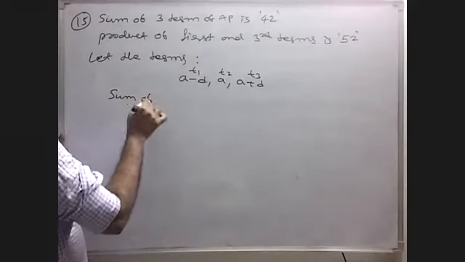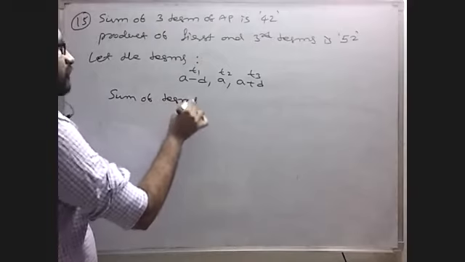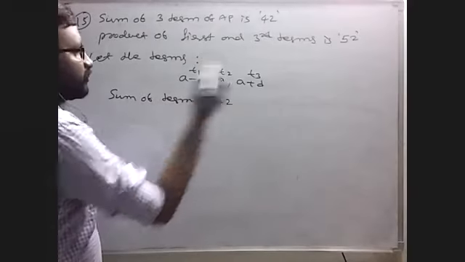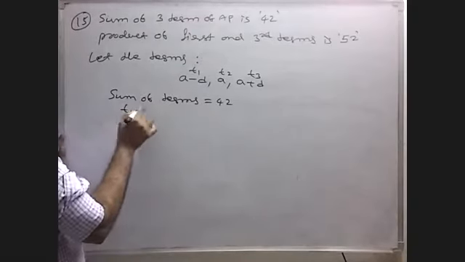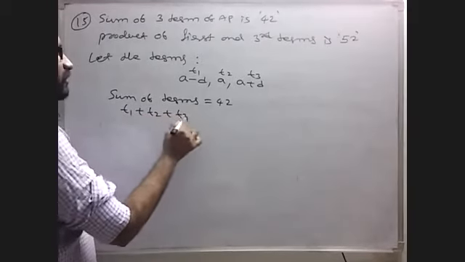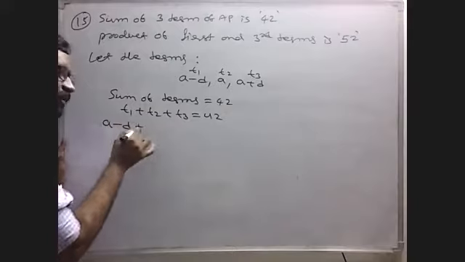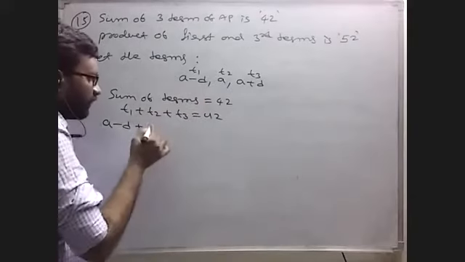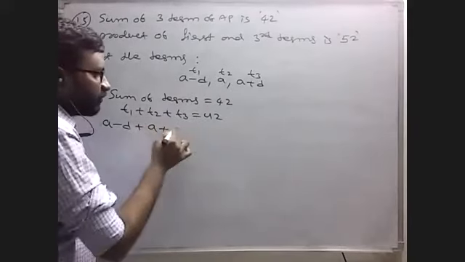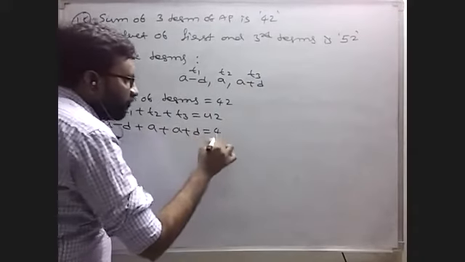That means T1 plus T2 plus T3 is equal to 42. T1 is A minus D, plus T2 is A, T3 is A plus D, is equal to the given 42.